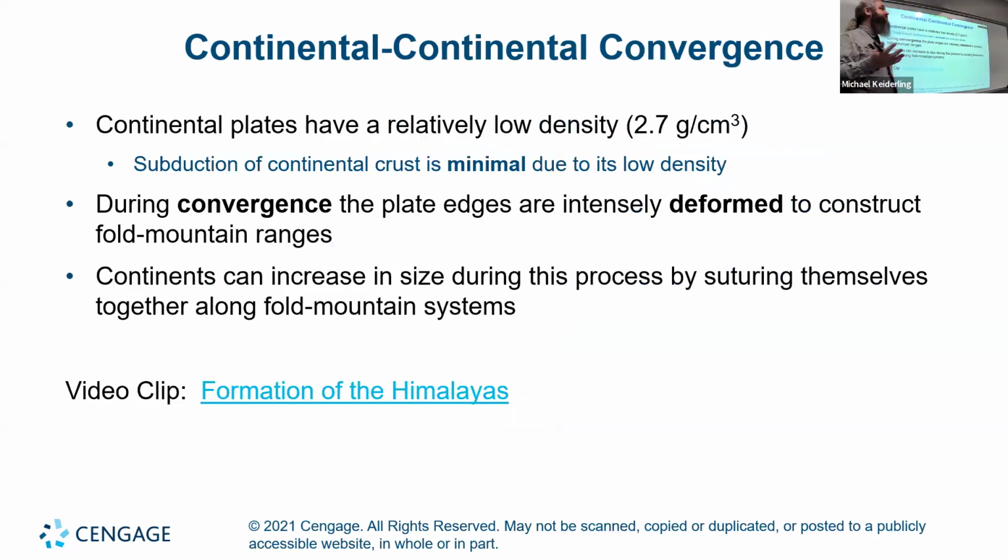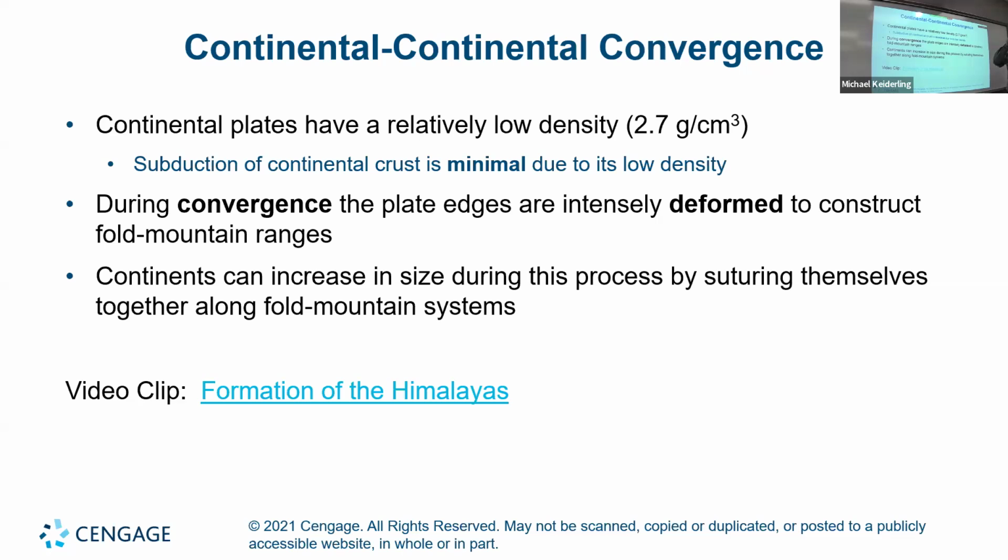If two continental plates run into each other, they're basically both too light and too thick to sink. They're both of relatively low density, and so there's minimal subduction. Usually what happens is there's some oceanic crust attached, that oceanic crust subducts, and then the two plates run into each other, and neither one is going to sink because they're too buoyant, they're too thick.